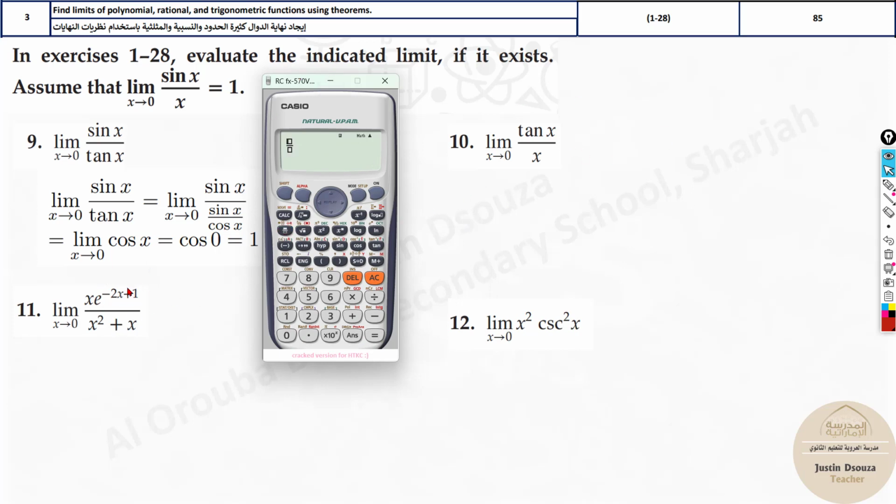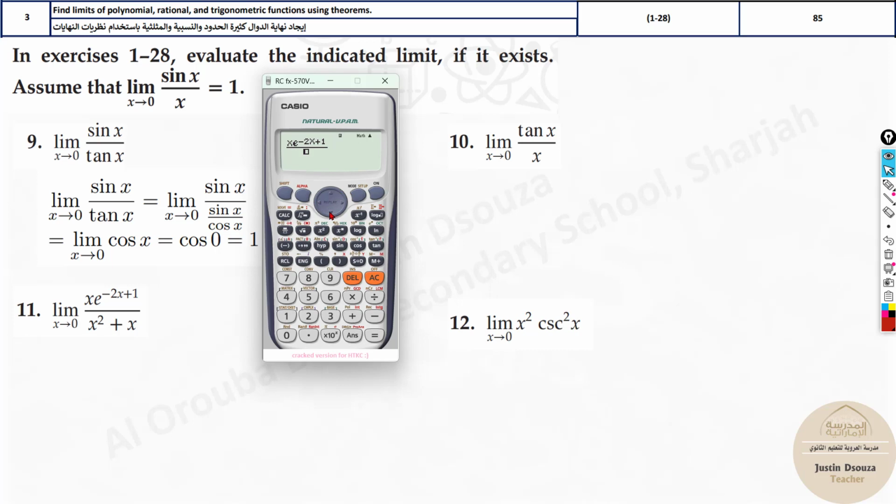Doesn't matter how scary looking these equations are. All you need to do is just substitute them as it is. Everything is available in the scientific calculator. X multiplied by e, it's shift and ln, natural logarithm, to the power negative 2, sorry, alpha x plus 1.